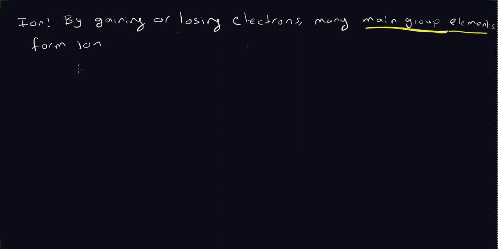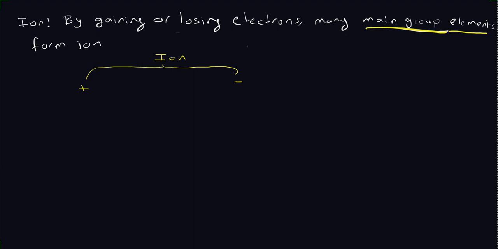Then we have two types of ion. Ions can be divided into two parts: positively charged and negatively charged.